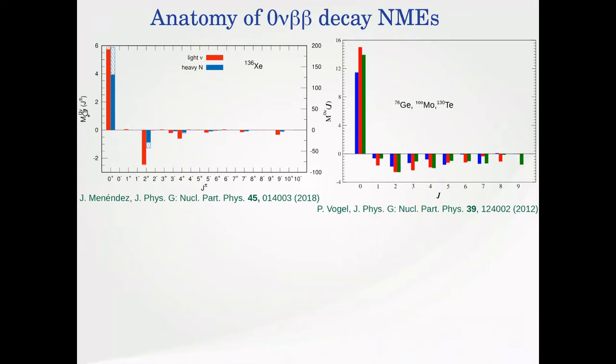So if you decompose the matrix element into nucleon pairs that couple to spin 0, and other nucleon pairs that don't couple to spin 0, the dominant contribution is going to come from spin 0 couplings. And then there'll be cancellations by non-spin 0 couplings. And this has been shown by both shell model theorists and QRPA theorists.